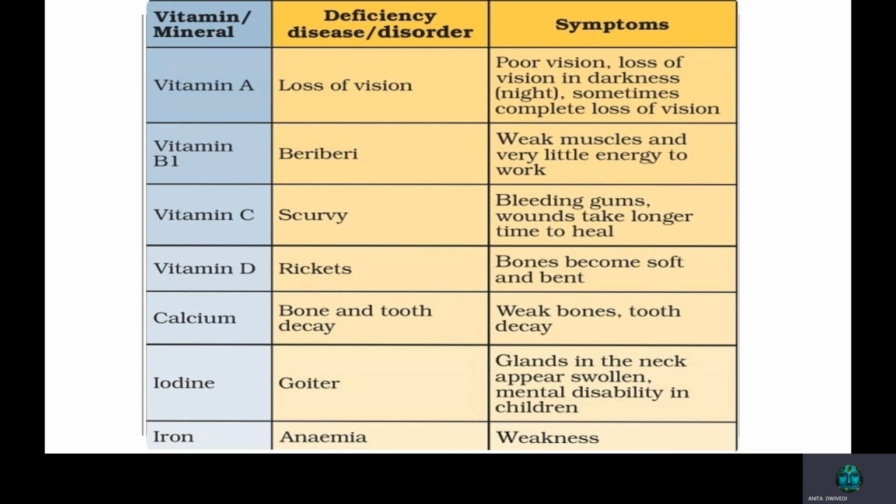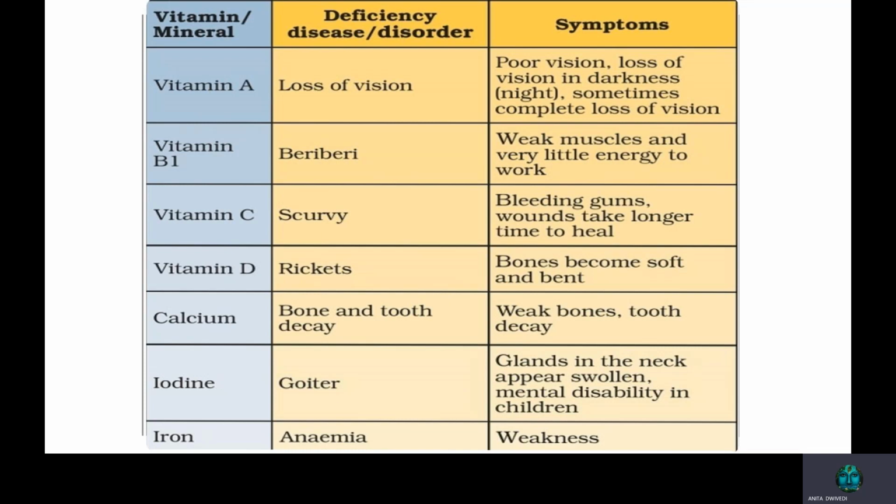Vitamin A. Deficiency of vitamin A causes loss of vision and the symptoms are poor vision, loss of vision in darkness, sometimes complete loss of vision. Vitamin B1. Deficiency of vitamin B1 causes beriberi and the symptoms are weak muscles and very little energy to work.